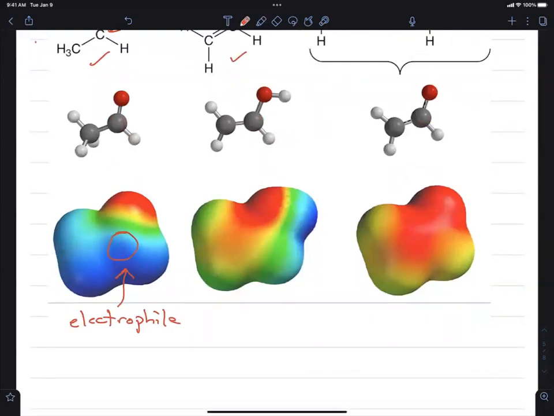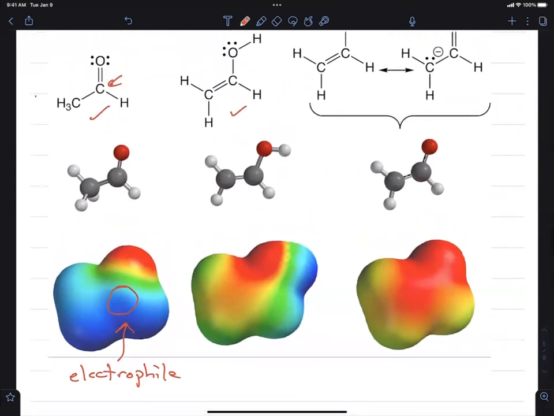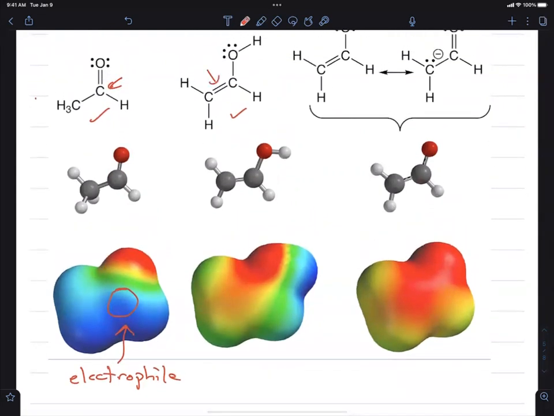That's where nucleophiles attack. On the other hand, because an enol has this pi bond, and pi bonds are an electron dense source, that pi bond can act in a nucleophilic way. Another way of saying it, as we look at that carbon atom, we can see that there is a preponderance of red color.